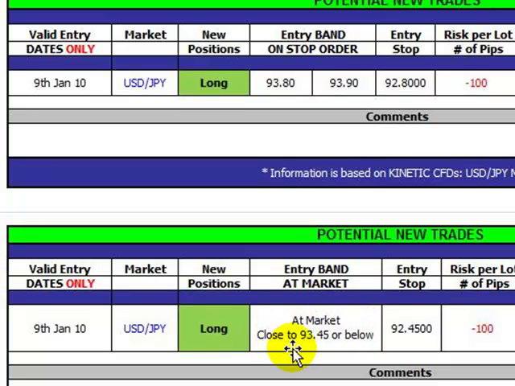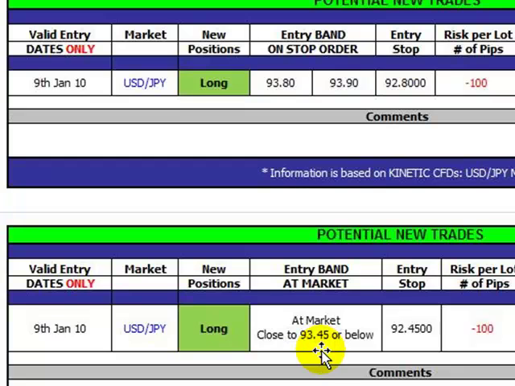Now, the recommendation here is to get into the market at whatever the market is trading at when you get to your broker platform. Now, I will give you an approximate price of where the market was at when the trade recommendation was made. And the reason for that is because the market might start moving fast, and by the time you get your trade recommendation or by the time you happen to open your email, the market might be at 93.95.